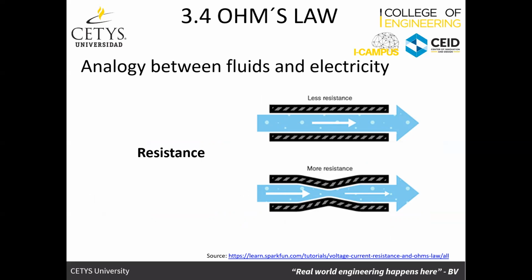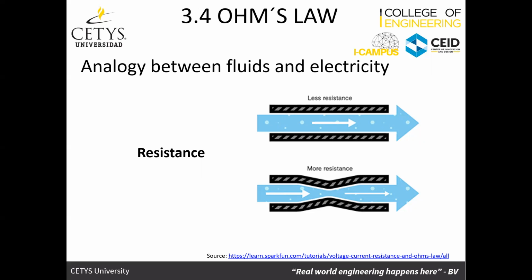So this is an example. It's like the straw. We've got the straw here, and there's less resistance in the first one. There's always going to be resistance, by the way. Even if apparently there's nothing there, we are always going to have resistance in any component of an electrical circuit. Just that sometimes the resistance is so small that we don't have to consider it.